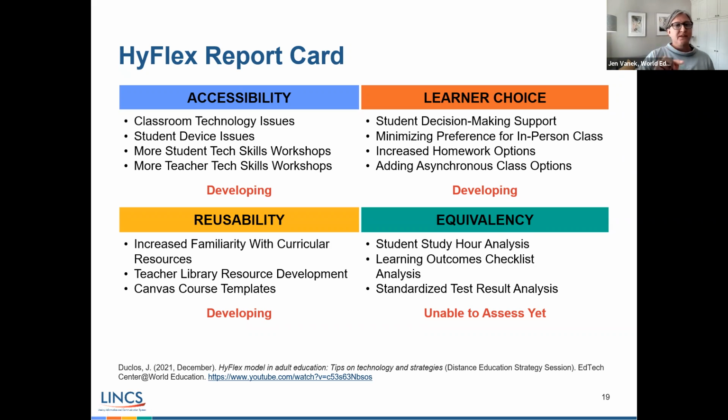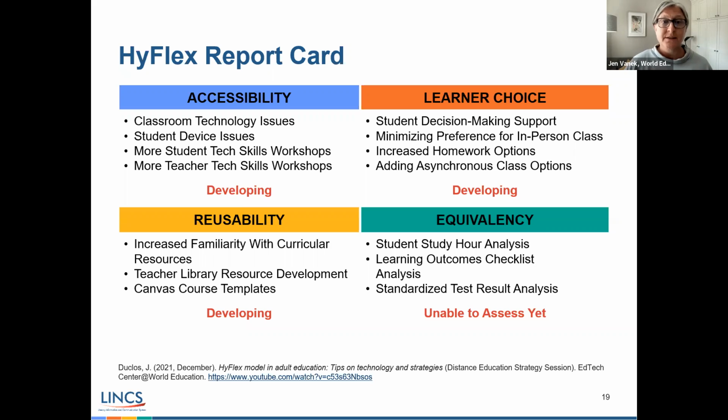She's using each of these areas, and this red text is her own assessment of where she was in December. Around accessibility, they were developing, meaning they were making progress in resolving classroom technology issues, making sure students had devices, and making sure both students and teachers had access to tech skill workshops so they could use all of those technologies.